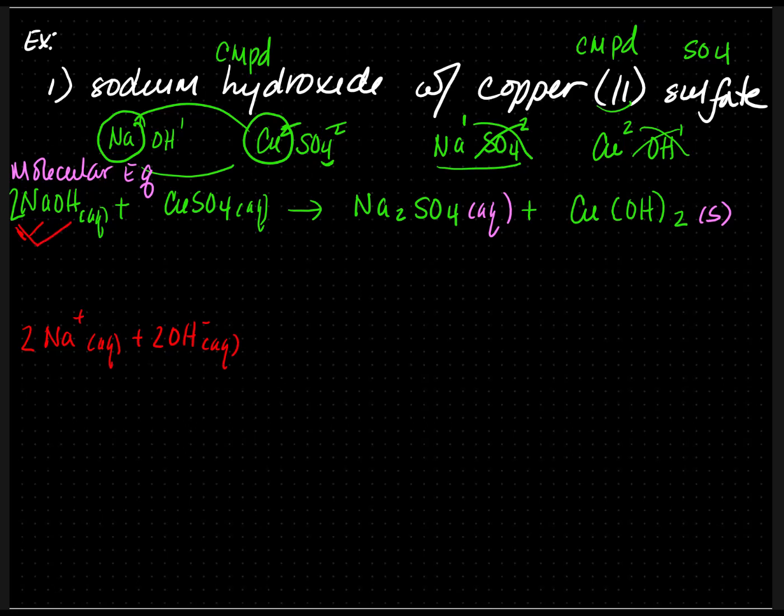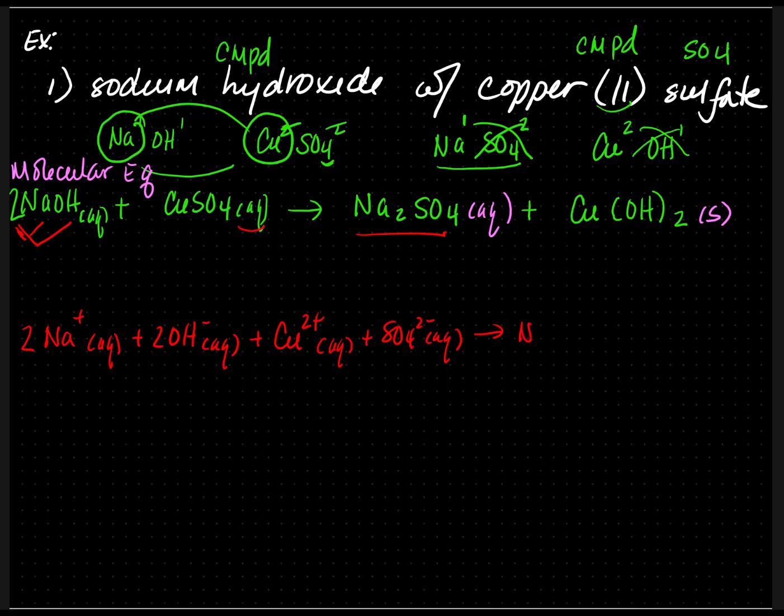Copper sulfate is also aqueous, so we are able to break that down. Cu2 plus, that's the charge of copper, AQ, plus SO4 2 minus AQ. Sodium sulfate is also aqueous, so we could break it down into its ions.